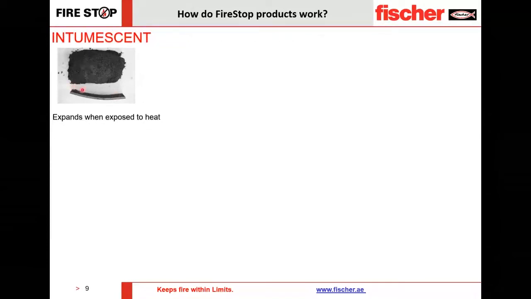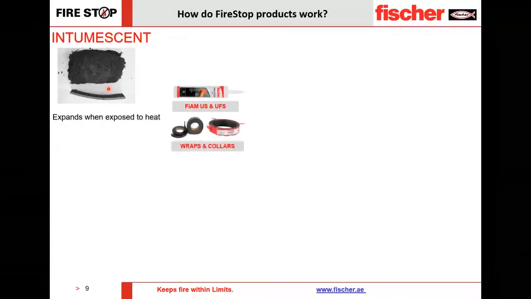Intumescent could be of two main types. Either an intumescent without any pressure, which wouldn't exert any pressure on the surface, as with a metallic pipe which would not require any pressure to close, or one for a plastic pipe, which would require huge pressure to actually crush that surface itself, like wraps and collars.